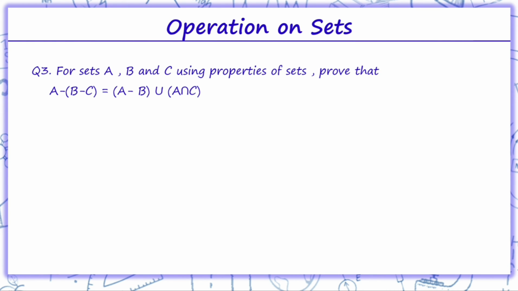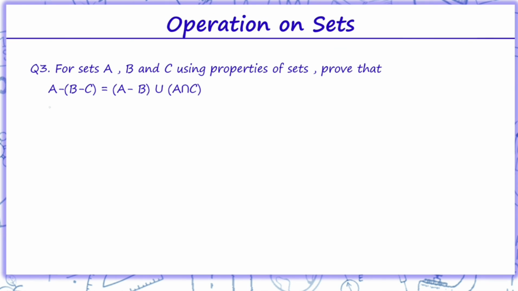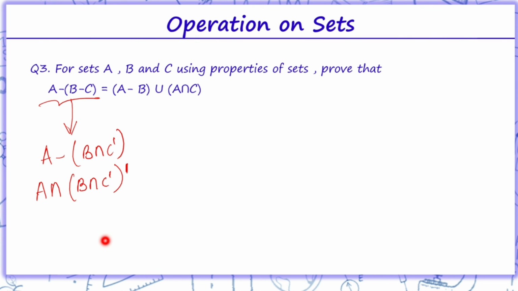For sets A, B and C, using properties of sets, we have to prove A minus B minus C is equal to A minus B union A intersection C. See, again same property we are using. So this can be written as B intersection C complement. Now this minus sign again I have to remove. So I'll write over here A intersection B intersection C complement.